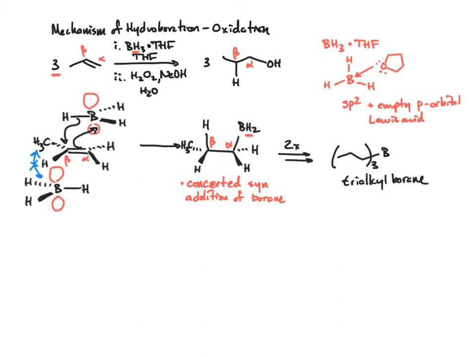Now what we have to do to get the OH in there is treat with hydrogen peroxide, sodium hydroxide. And so this is going to generate sodium hydroperoxide. So let's briefly look at that acid-base reaction.